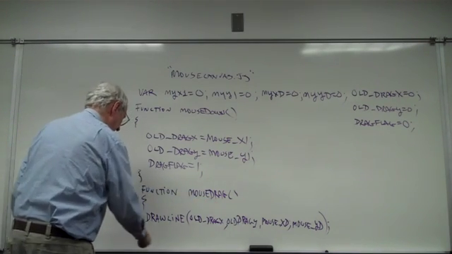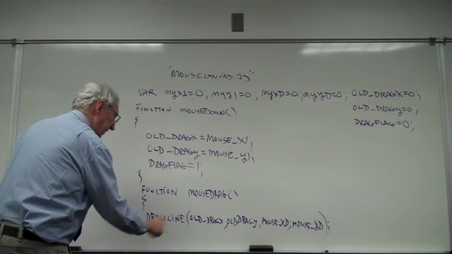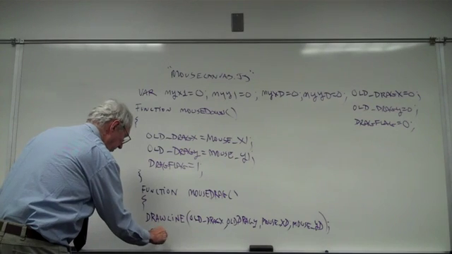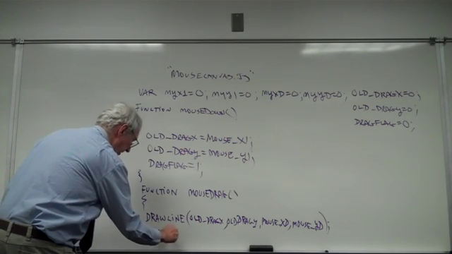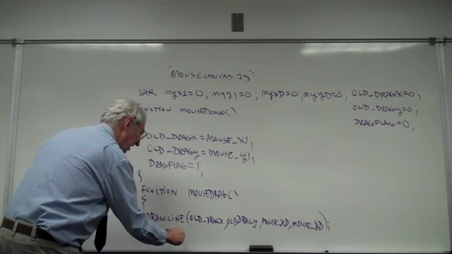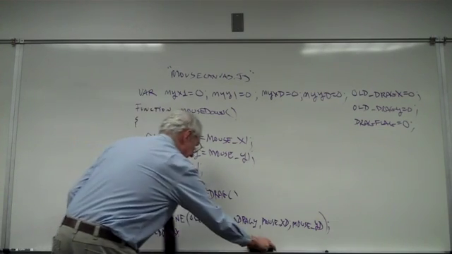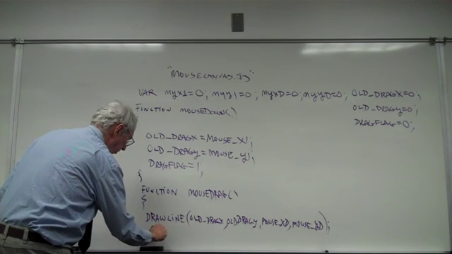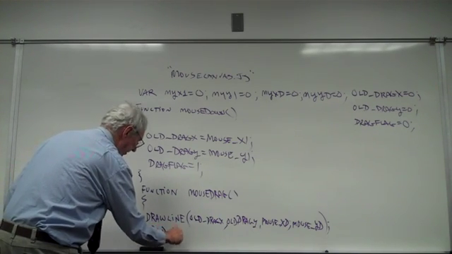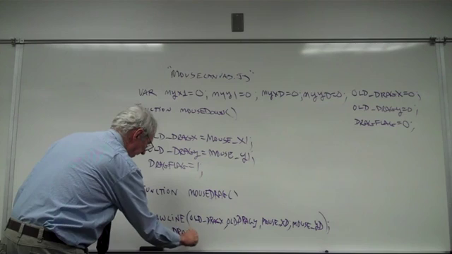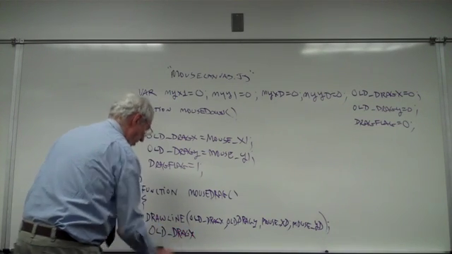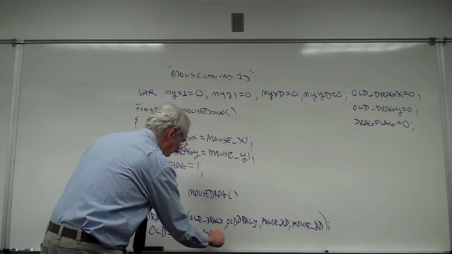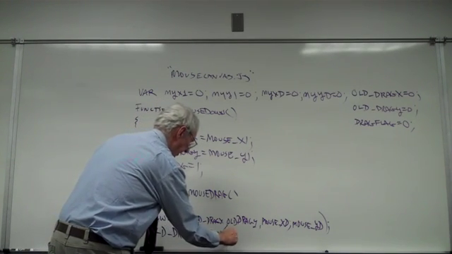So right away, after I do that, I say, okay, make old drag x equal to mouse xd.